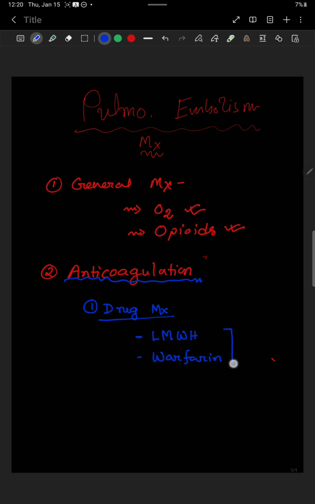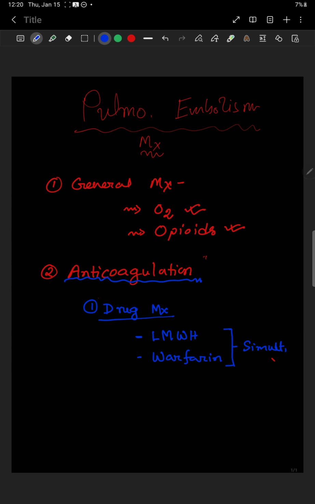You will start those two drugs simultaneously. Okay, after using these drugs, there is timing of using those drugs, and I am giving you the timing.